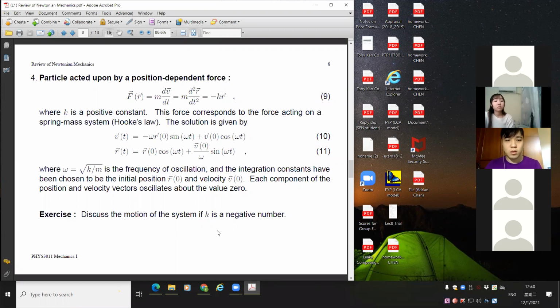Now, what happens if we have a negative k instead? Yes, fly to infinity, right? Or negative infinity. So it is not a bounded motion anymore.